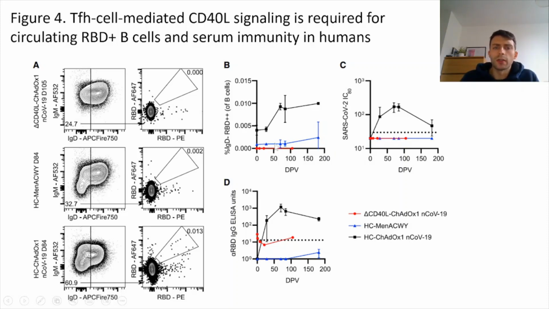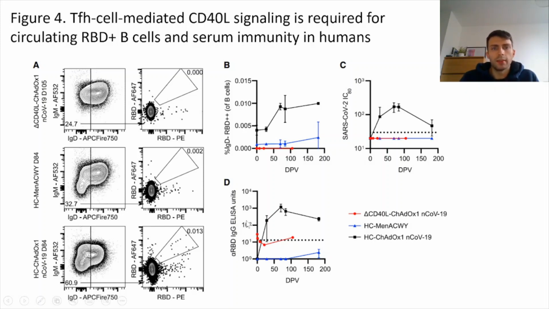And so we quantify the frequency of IgD negative RBD-specific B cells here in black for the healthy normal individuals, and in red for the patient with a CD40 ligand mutation. We performed the pseudo-neutralization assay in C, and we did anti-RBD IgG ELISA in D.